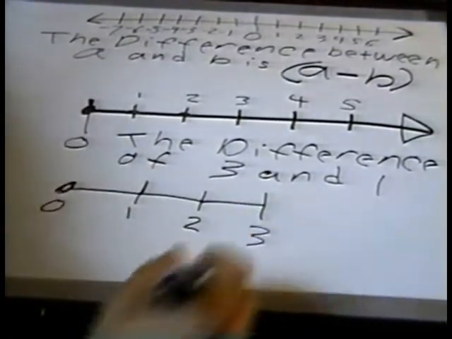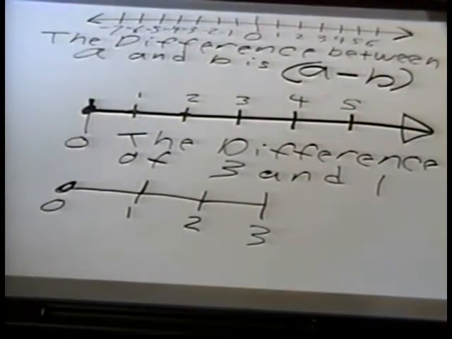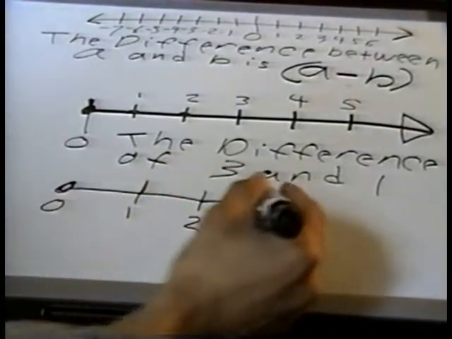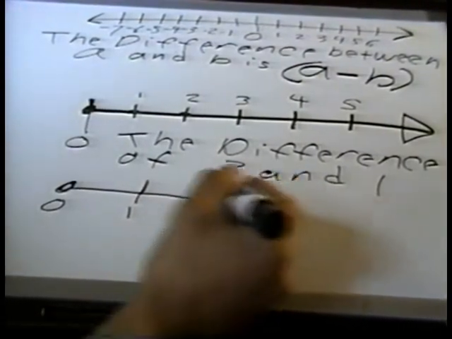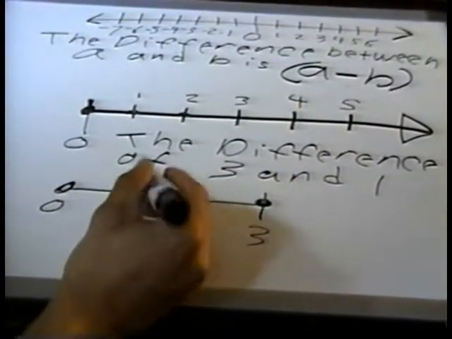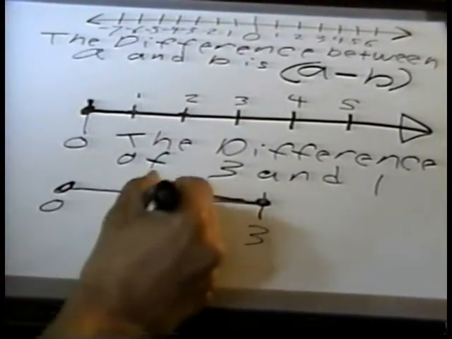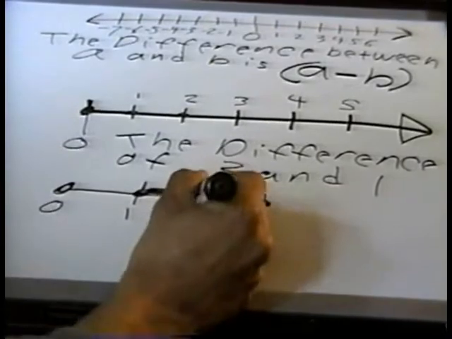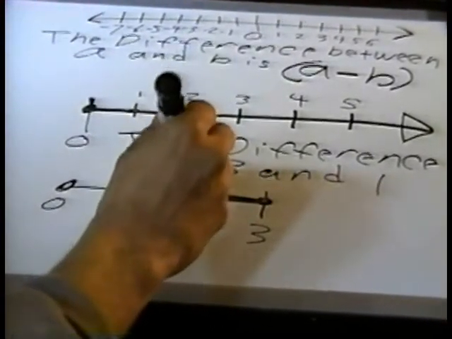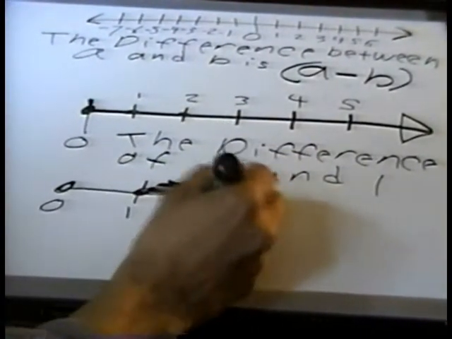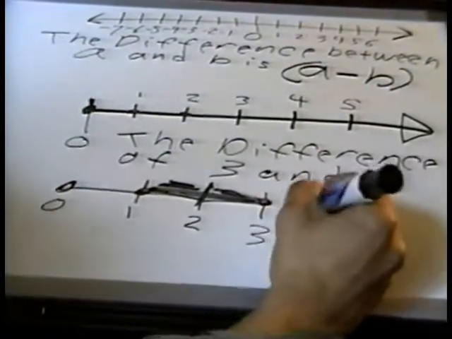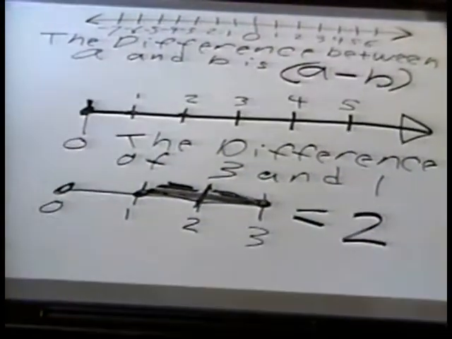We have here our number line. We say this is 0. And we're going to just look at the positive side. Here's 1.